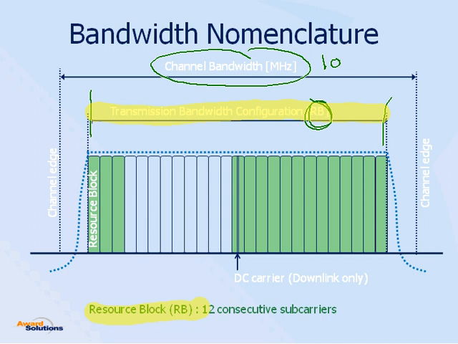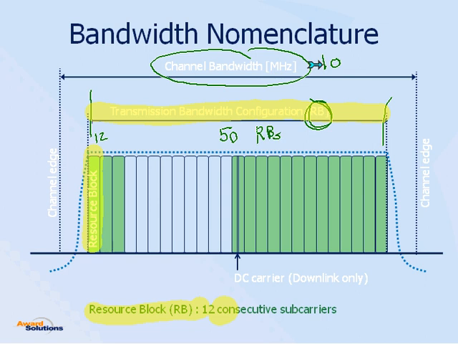Now, what is one resource block? A resource block has a dozen consecutive subcarriers. So if I have one resource block here, inside that we have 12 subcarriers and so on. If I have 10 megahertz bandwidth, then inside it I would have 50 resource blocks.